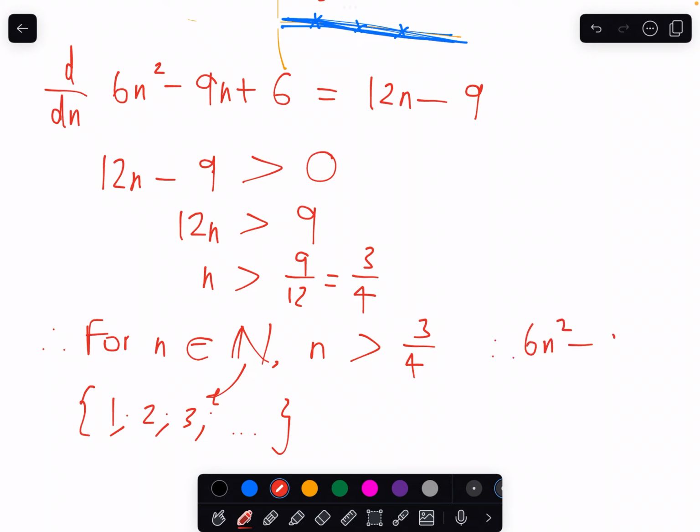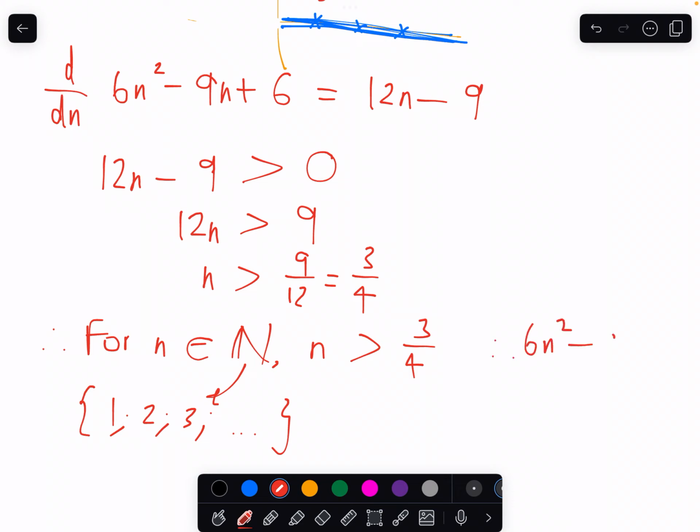The other way that you could go about it is, if Tn is increasing for all n in natural numbers, then what that means is Tn plus 1 is always going to be greater than Tn. And there is a difference between increasing and strictly increasing, but I don't think we care about that at this stage in our lives.